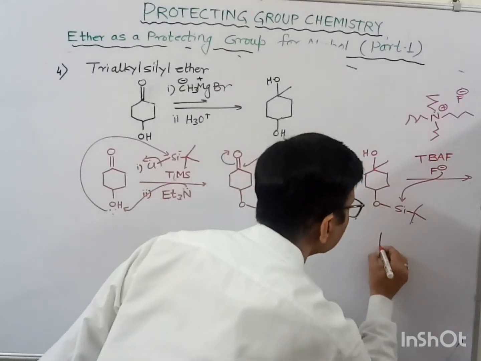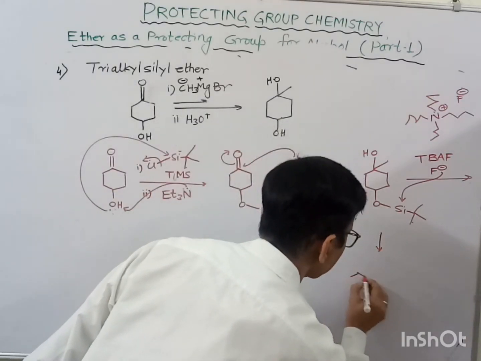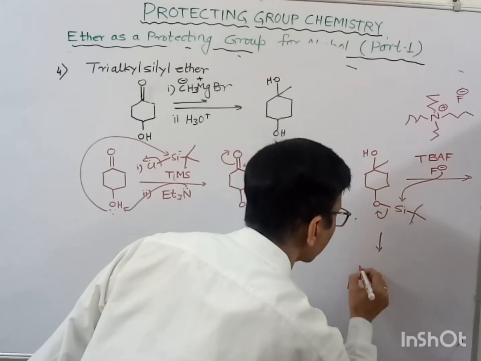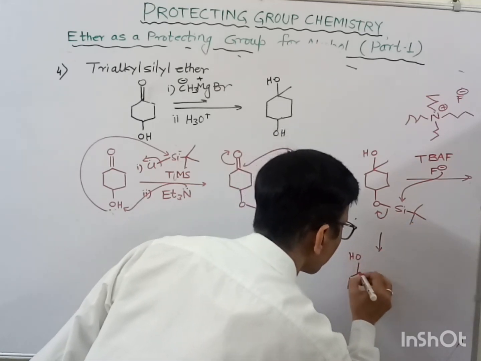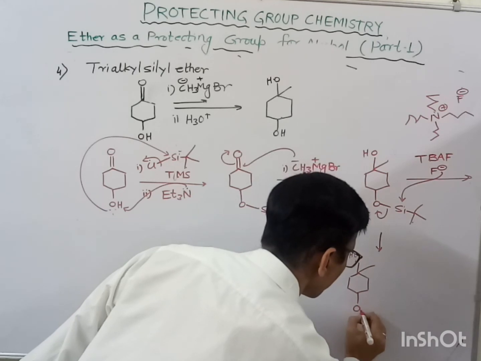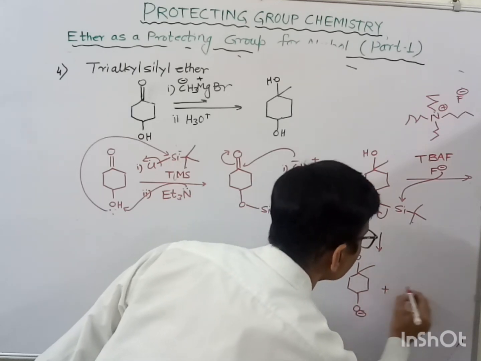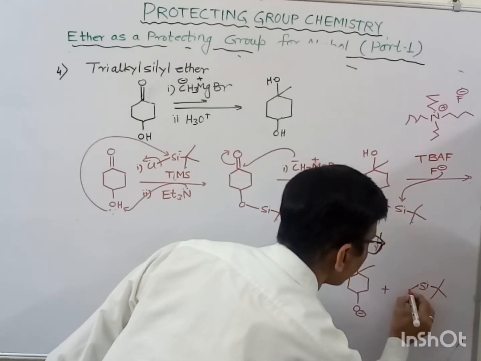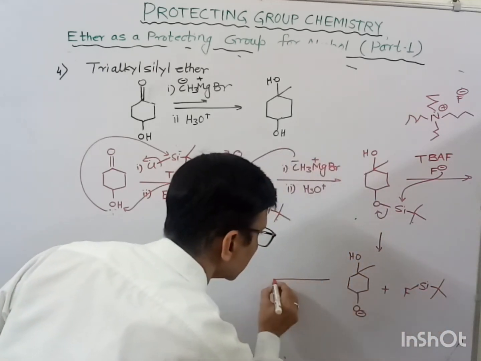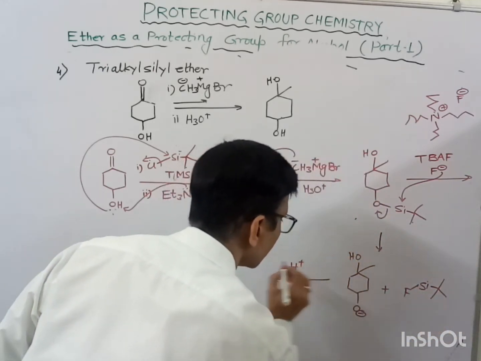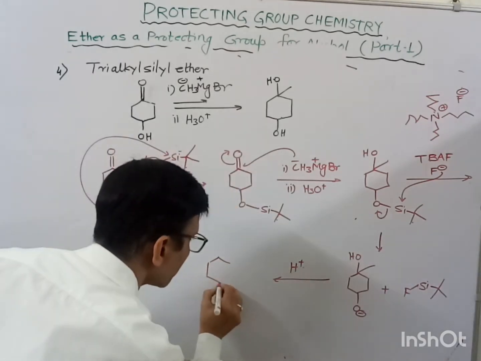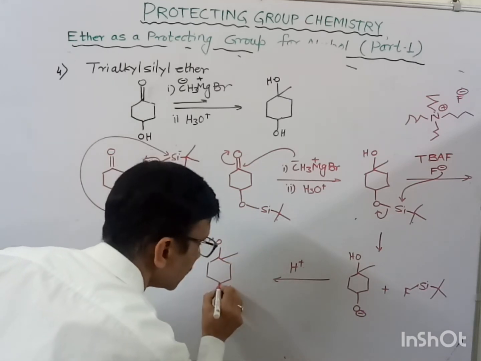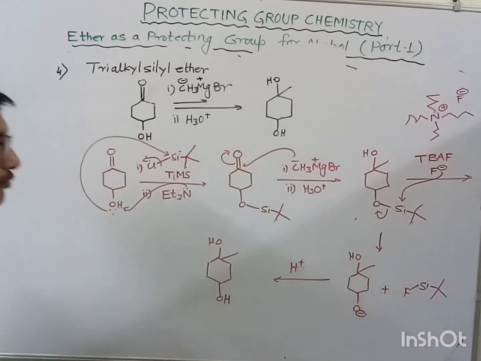So what we can get? We can get the alcohol, and this can be hydrogenated, and we will get the desired product.